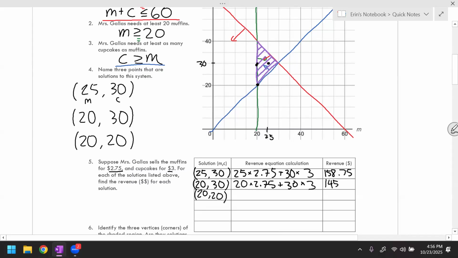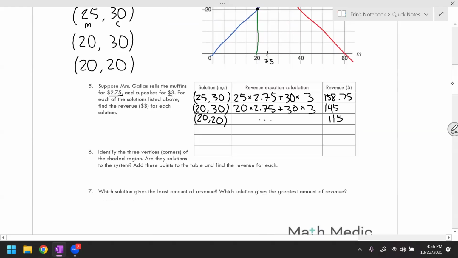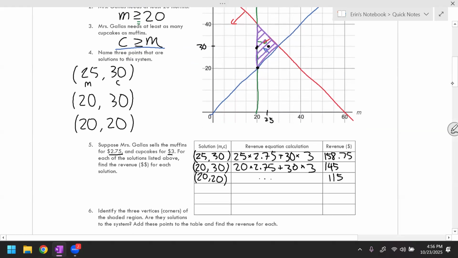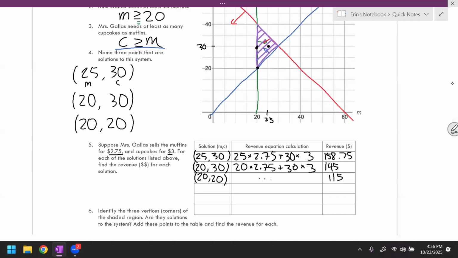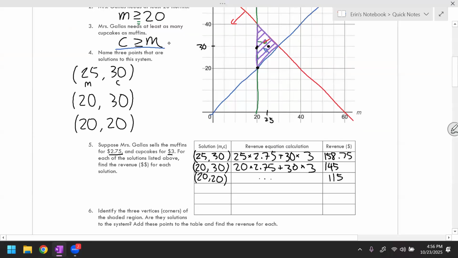If I run the calculation again, but this time with 20 of both, I end up with $115. Okay, that's not quite as good, but that's still fine, right? We're still in the constraints. We're still following all of our rules. But watch what happens when I find the corners of this shaded region. Well, I've already found one. 20, 20 is one of our corners, right? So let's just highlight that. 20, 20 is already a corner.